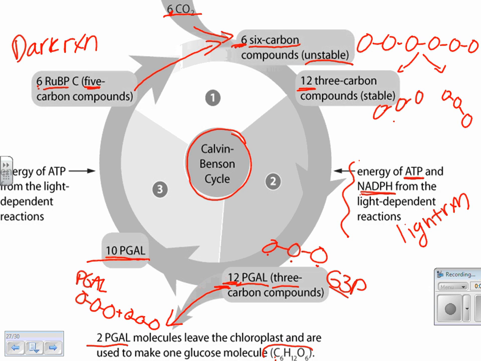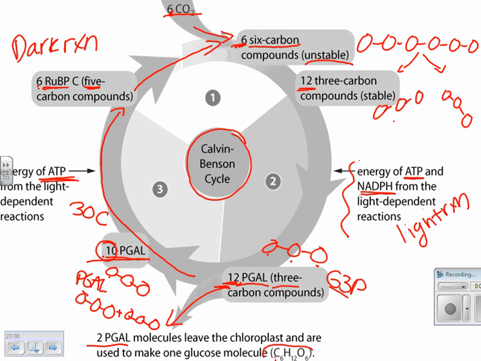I've got 10 remaining. These 10 are required to cycle back into this reaction. So again, we're using ATP that was generated from the light reaction. And these 10 PGAL are 3 carbon each. I have 10 times 3, that gives me 30 total carbon.